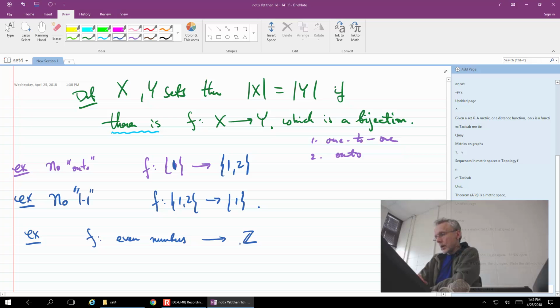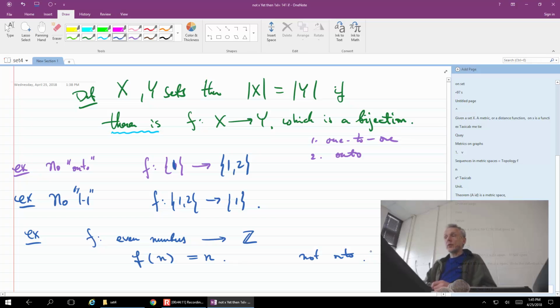On one hand, you can simply say f of n is equal to n. The domain is the even numbers, but the range will also be even numbers. So even though it is a function between even numbers and Z, it is not onto.